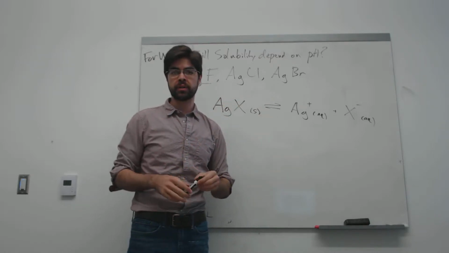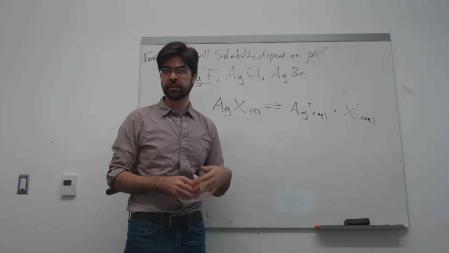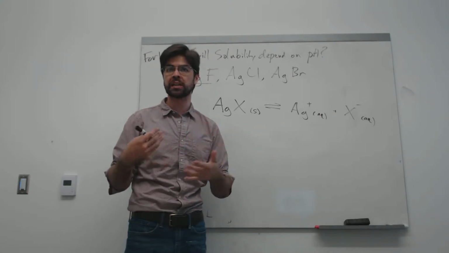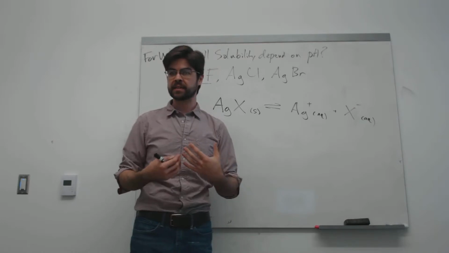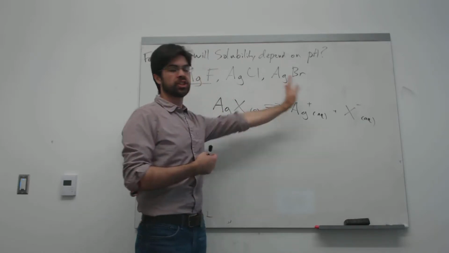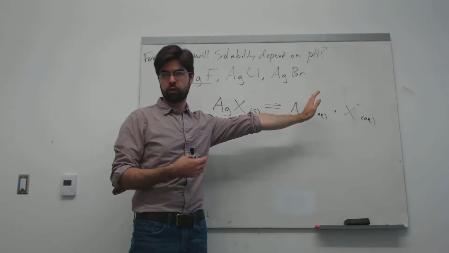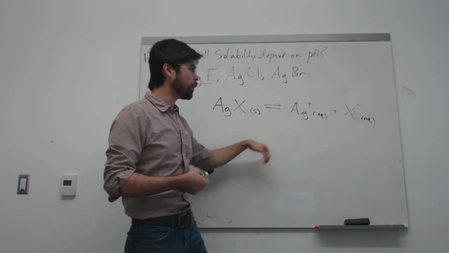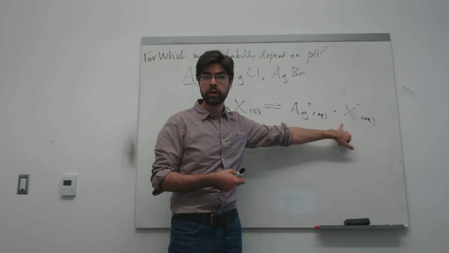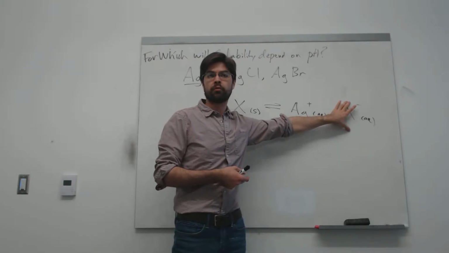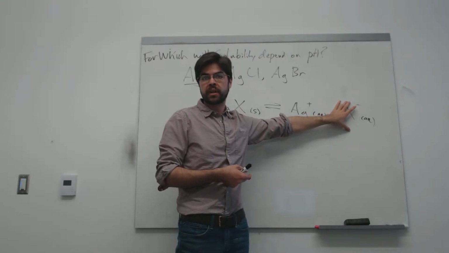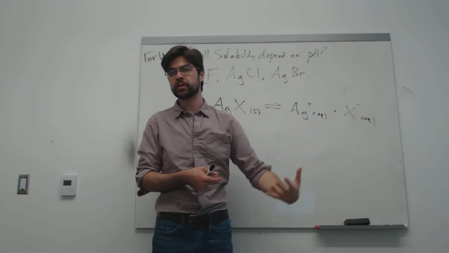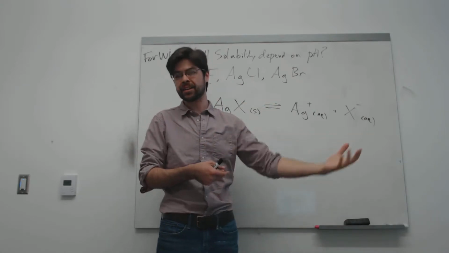Again, today's arguments about solubility and chemical factors are all based upon Le Chatelier's principle that basically says, okay, what's going to drive this reaction forward? What's going to increase the solubility? Well, anything that might lower the concentration of your dissociated ions. The way you could lower its concentration is if you react with it.